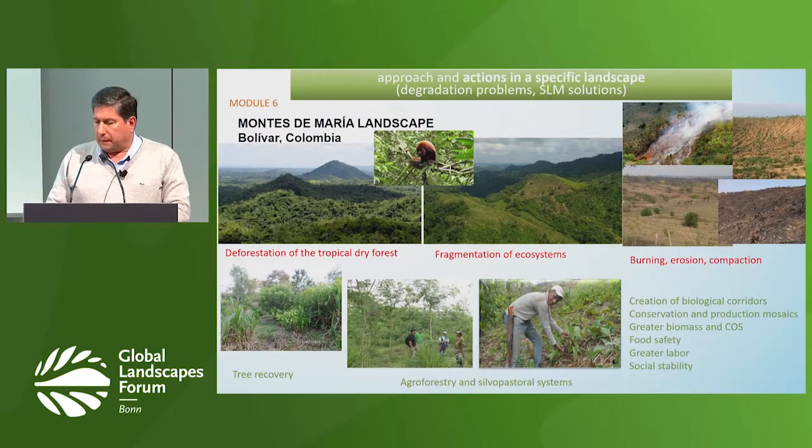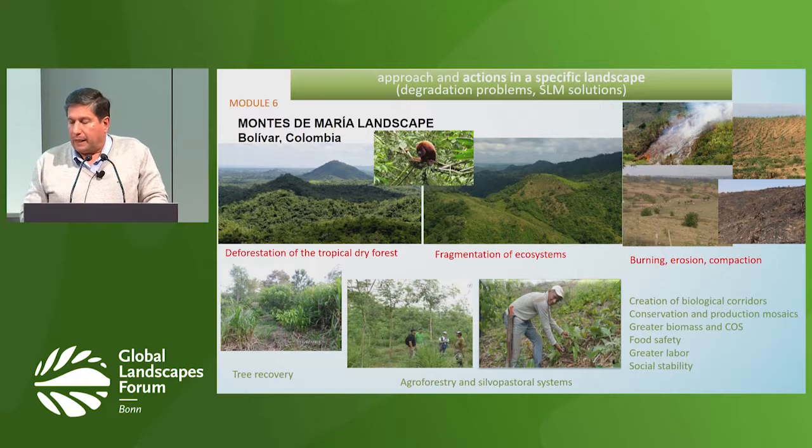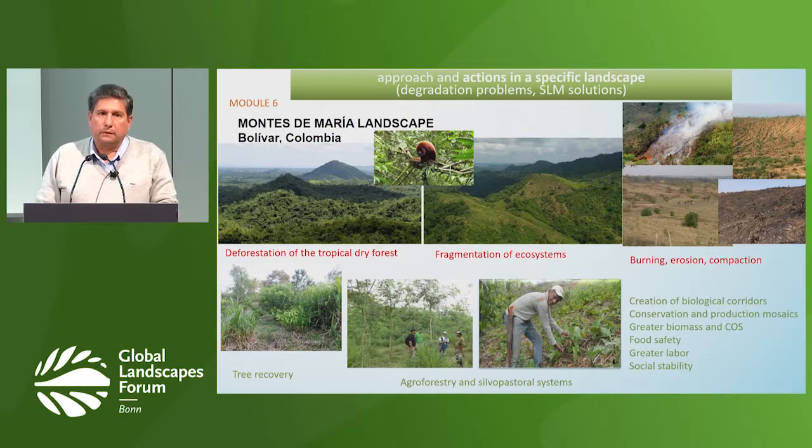El paisaje de los Montes de María son unos paisajes de bajas montañas que tienen bosque seco tropical, pero ha sido transformado, fragmentado sus ecosistemas y han generado unos procesos en los cuales pasan a ser ganadería. ¿Qué genera esto? Quemas, erosión, compactación. ¿Cuáles son las prácticas de manejo que nosotros hemos implementado?